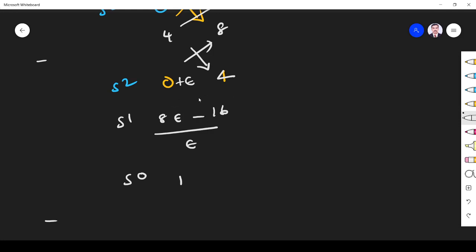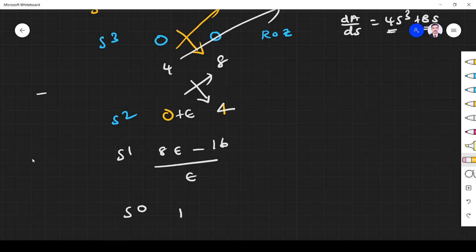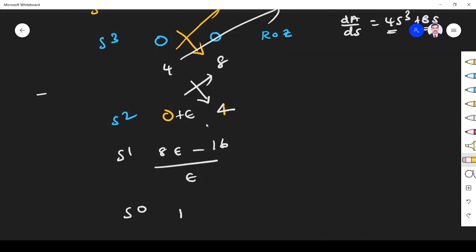It is 8 epsilon minus 16 divided by epsilon, right? So this will be equal to 4. So it comes like this.